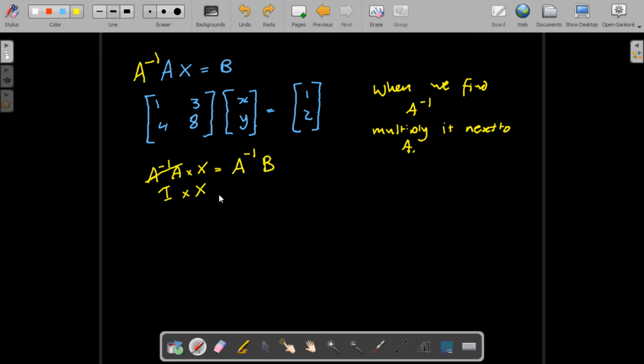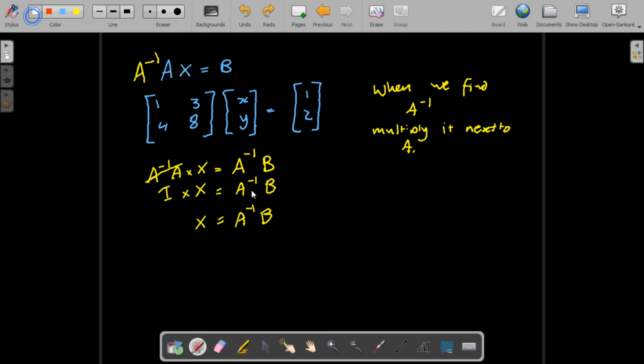So our identity times X, or just X, is equal to our inverse times the matrix B. And we do that because we started with A on the left. If A is on the left, you multiply on the left, and you do the same on the right hand side.